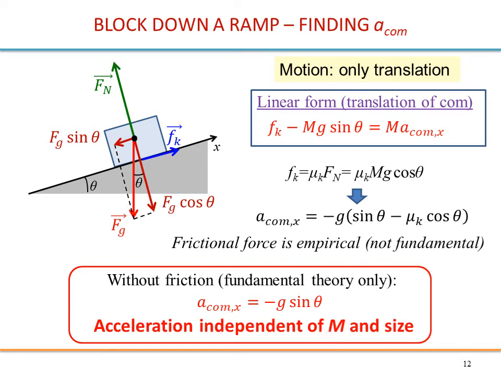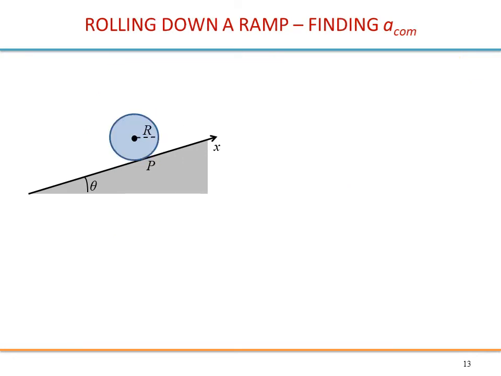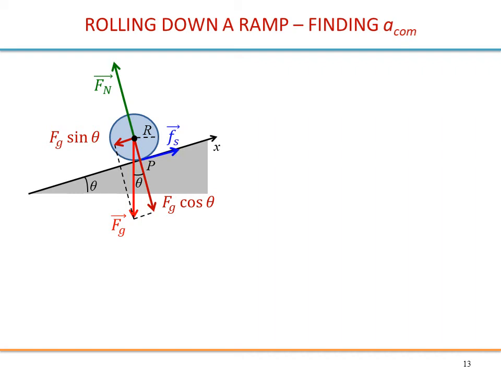So okay, now we can look at rotational motion. Now we have some circular object going down. So we have again gravity, reaction, and we need friction this time. Static friction, because without friction this wheel would just go down like the block without rolling.